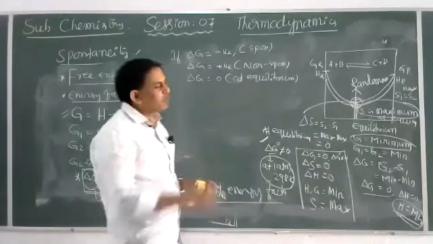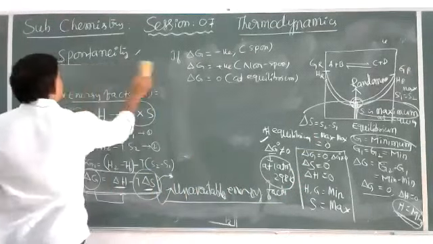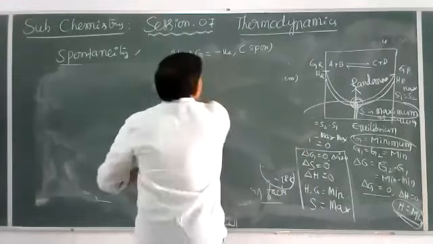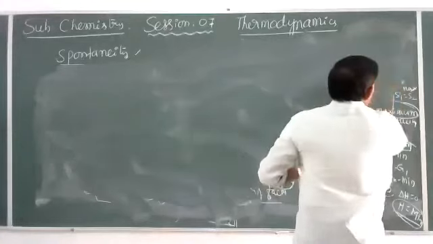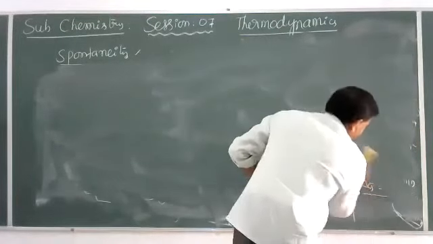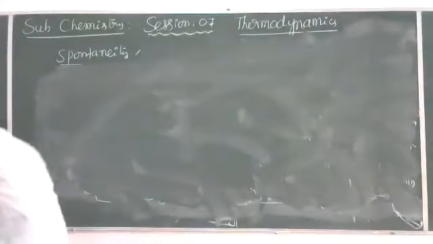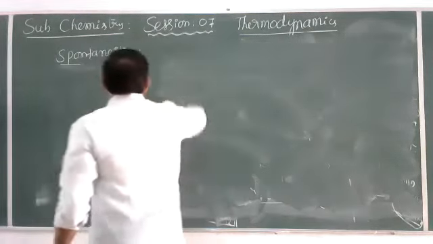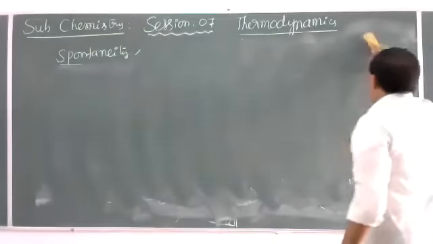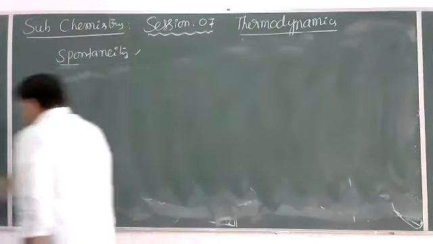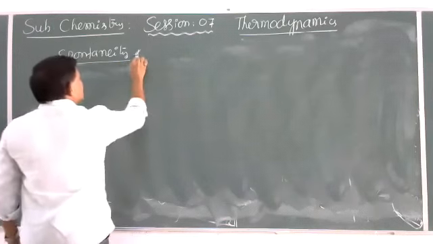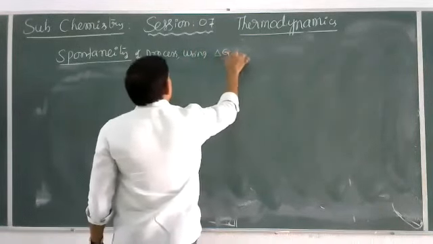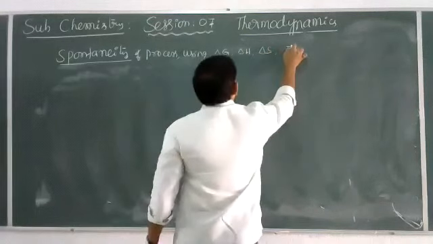By using all this, I'll create the final conclusion of spontaneity with the help of delta H and delta S. This unit's conclusion: the spontaneity of a process, chemical or physical, using delta G, delta H, delta S and temperature.